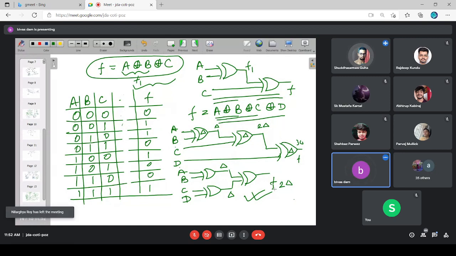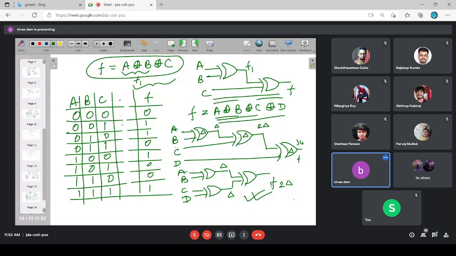Sir, differentiation, integration using numerical methods. So that we studied. By the way, you will be studying this in data structure. Yeah, I forgot. You will study this in the data structure class.